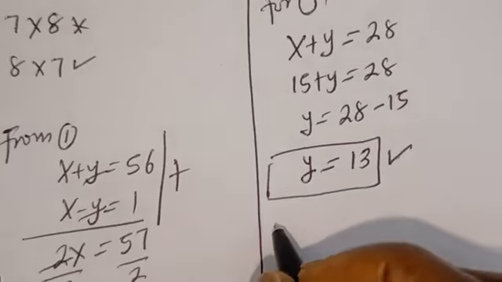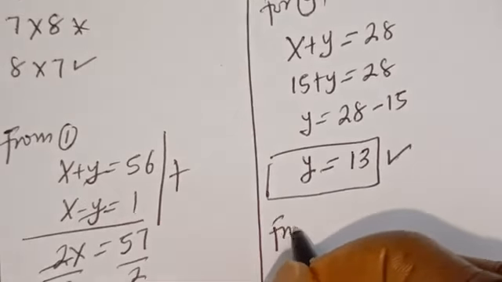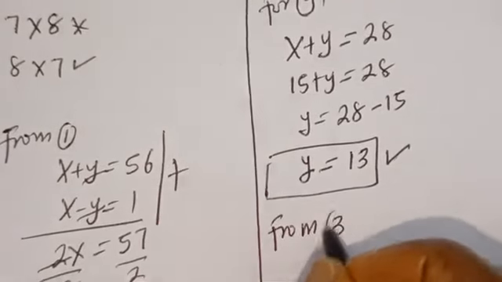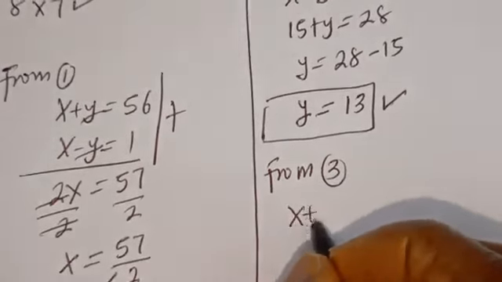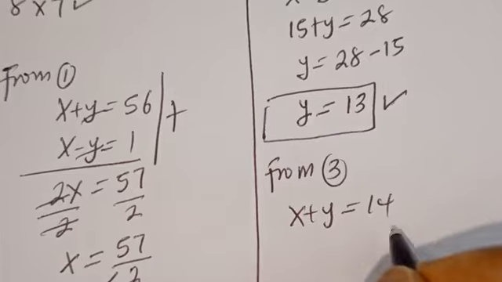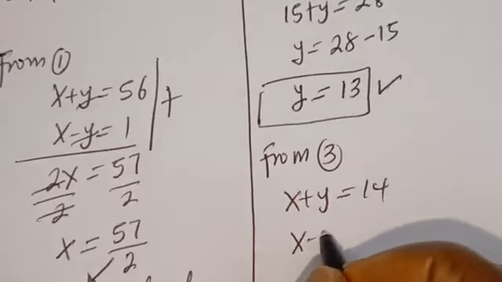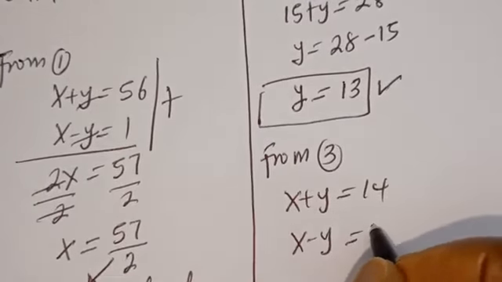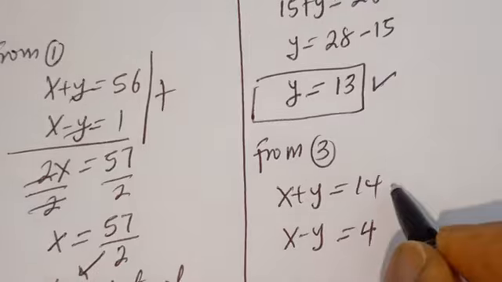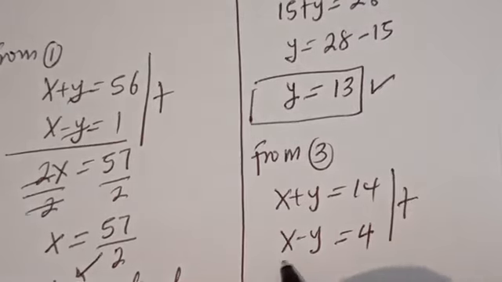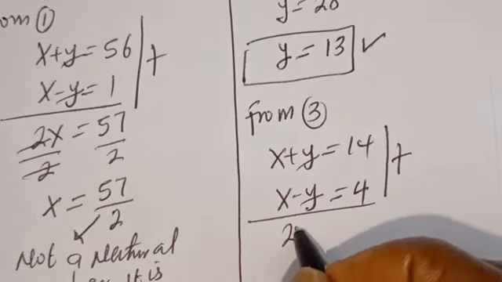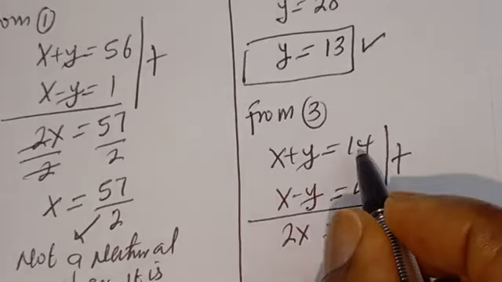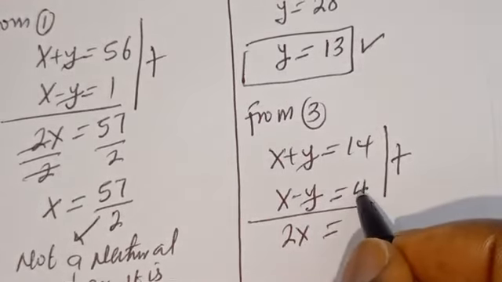Now let's consider the third case. From the third case, we have x plus y equal to 14. Then x minus y is equal to 4. Now we can solve this simultaneously by adding the two equations together. This will cancel this. We have 2x is equal to 14 plus 4.